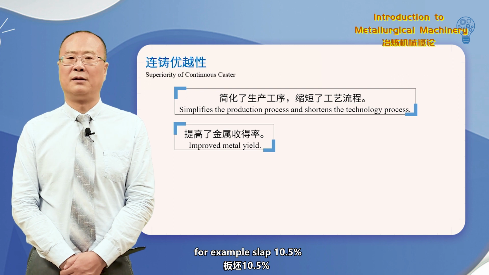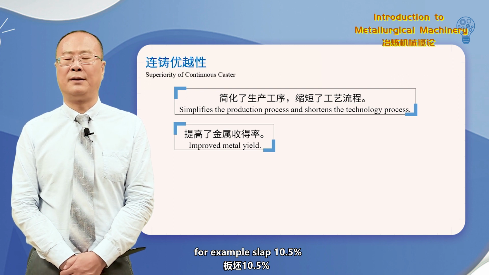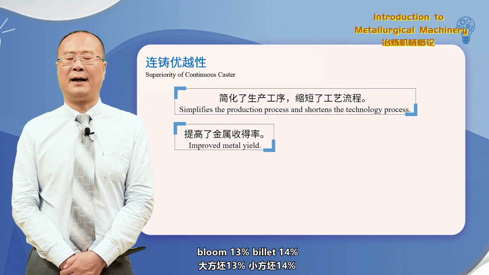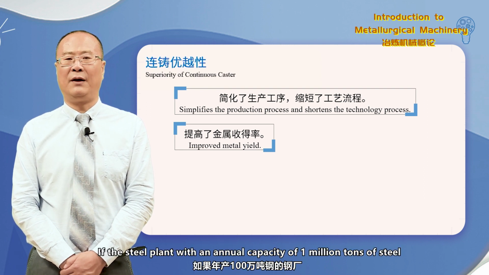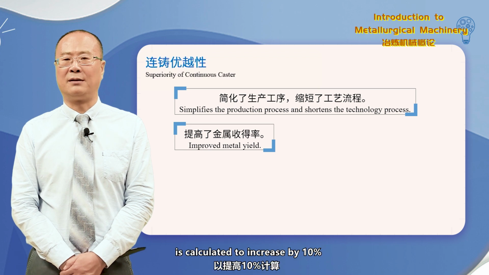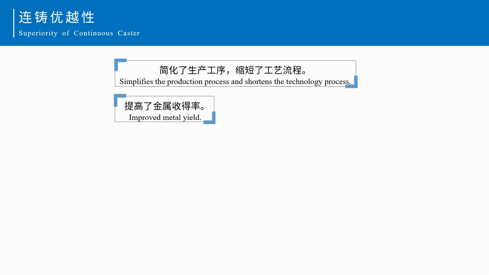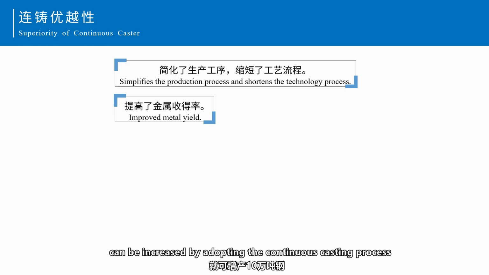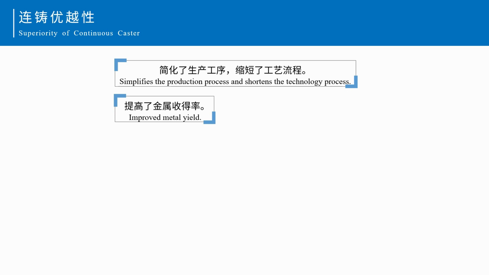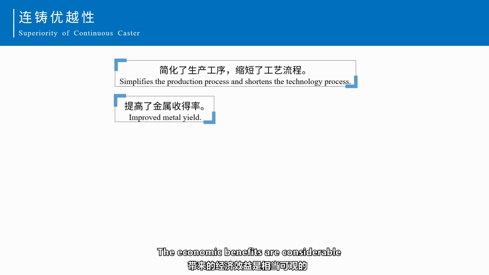For example, slab 10.5%, bloom 13%, billet 14%. If a steel plant with an annual capacity of 1 million tons of steel is calculated to increase by 10%, the production of 100,000 tons of steel can be increased by adopting the continuous casting process. The economic benefits are considerable.